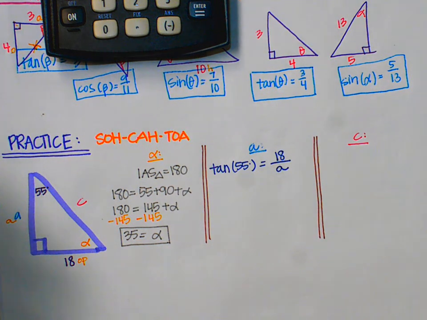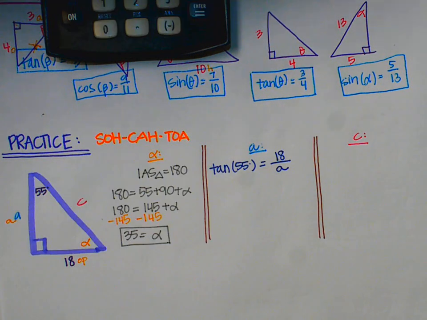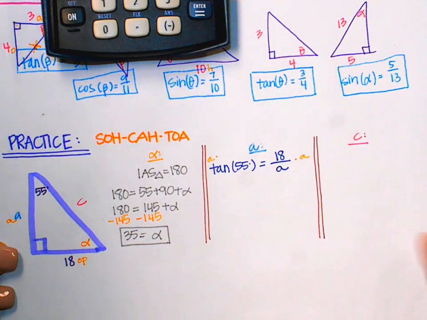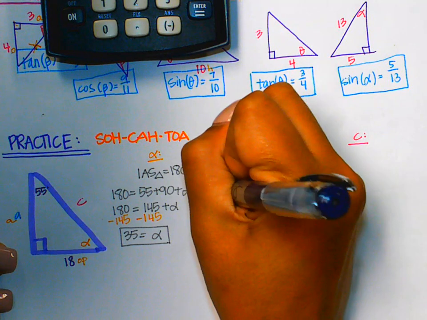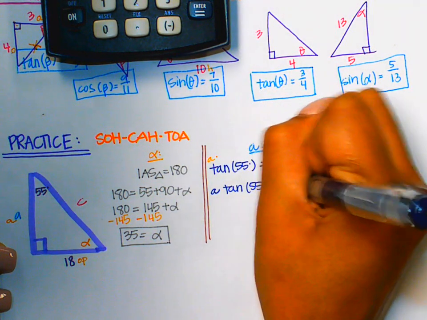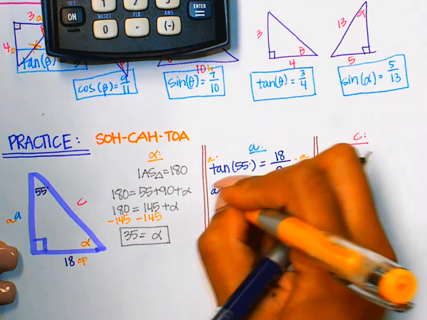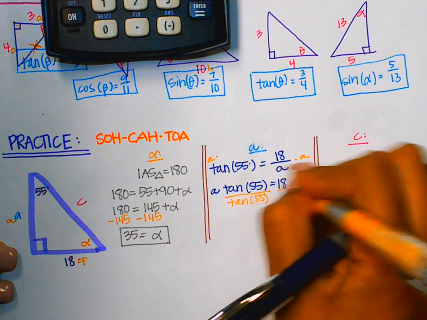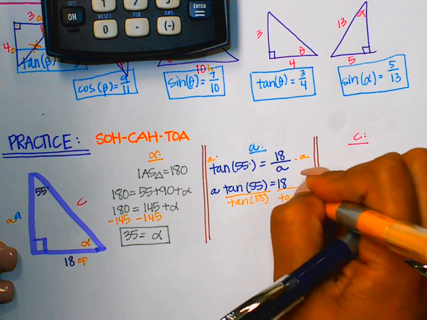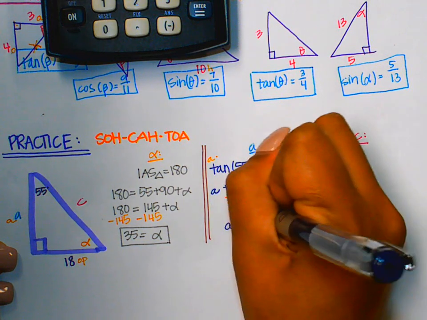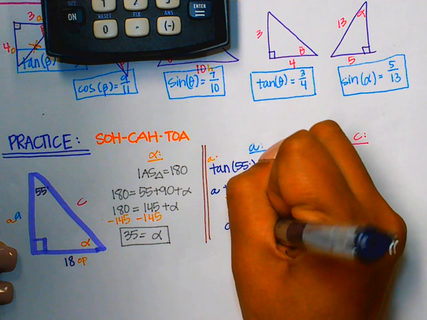Then this just becomes a solving problem. So to get rid of a fraction, we multiply by the denominator. A tangent of 55 is equal to 18. I want to get the A by itself, so I'm going to divide by tangent of 55 on both sides. A is equal to 18 over tangent of 55.